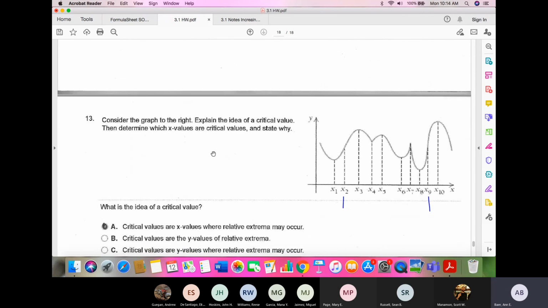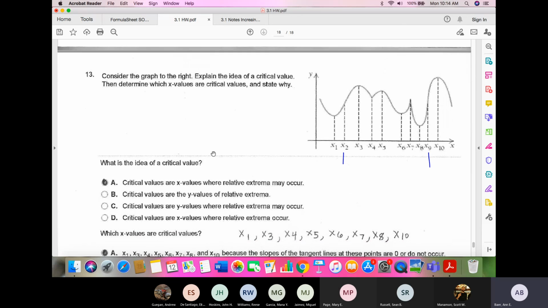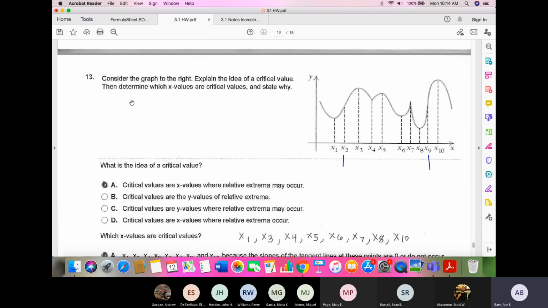So that would be 12, and 13. Just let me give you a quick lowdown on 13. It's asking you to determine the x values which are critical values, and really just understand why. Critical values are where you've got relative extreme points.